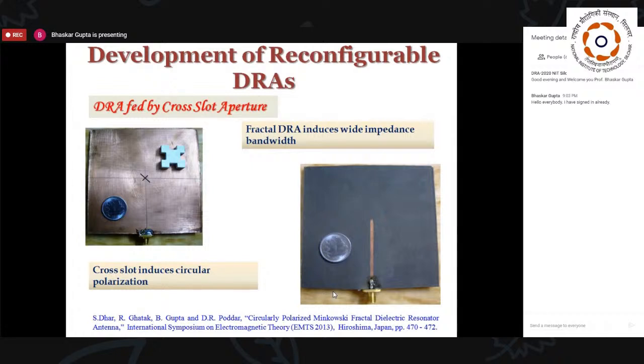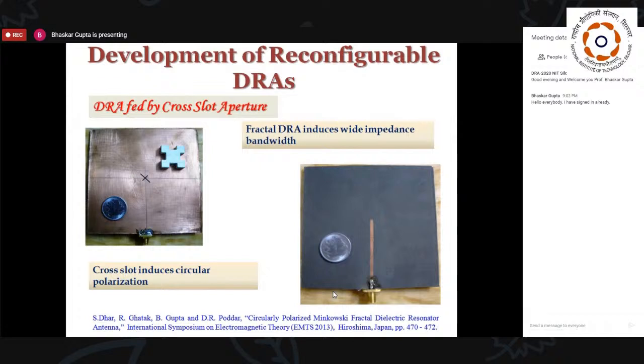Why the cross slot? Because this will eventually feed the Minkowski fractal DRA. Why Minkowski fractal? I already indicated, in order to get wide bandwidth. But why the cross slot? In order to excite two orthogonal modes with equal amplitude and phase quadrature.